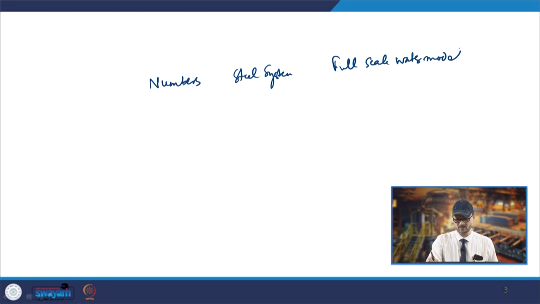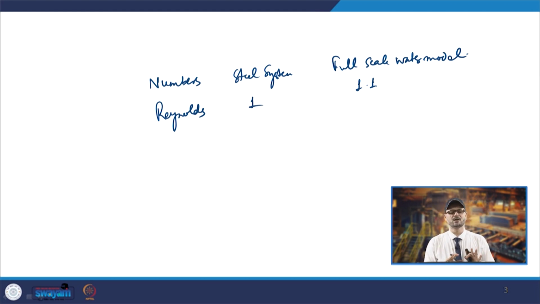If you talk about the Reynolds number, you do the Reynolds similarity. It is reported by Le Boussier and Jackley that normally we should report it to be 1.1 for the Reynolds number. In the steel system it is 1, so for the full scale water model you can have 1.1.